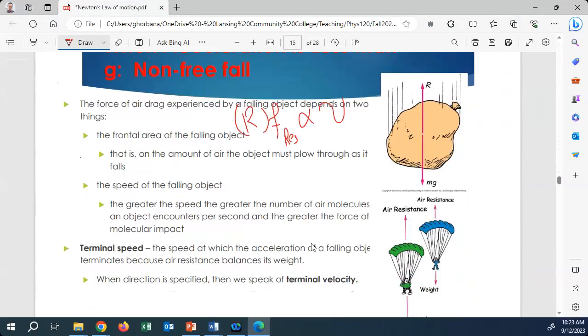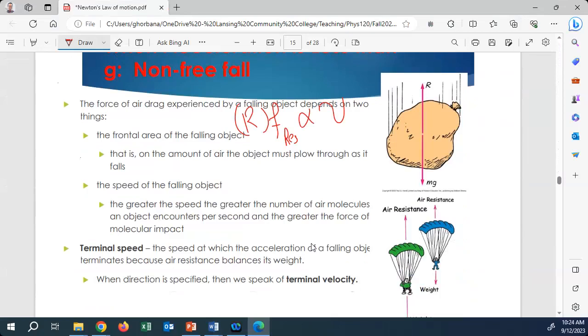This resistive force is directly related to the velocity. It means that it is not constant. The friction was constant, yes? But here, the resistive force is increasing with velocity. If the velocity of the particle increases, the resistive force increases.